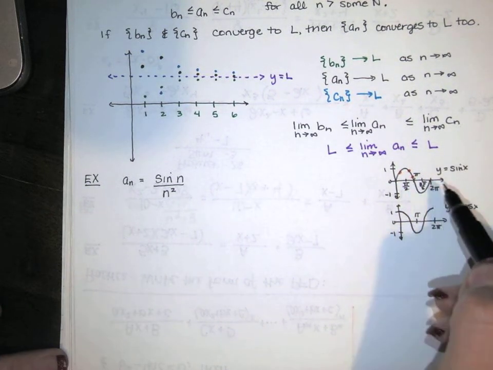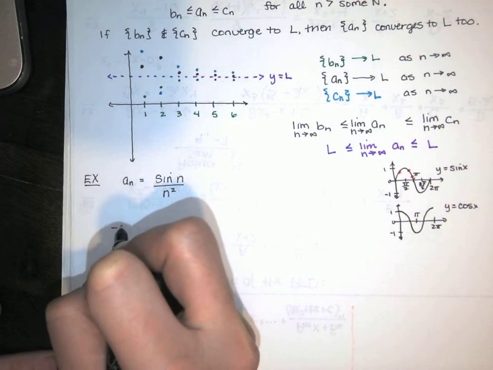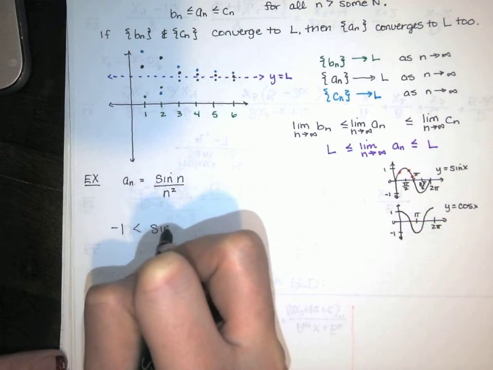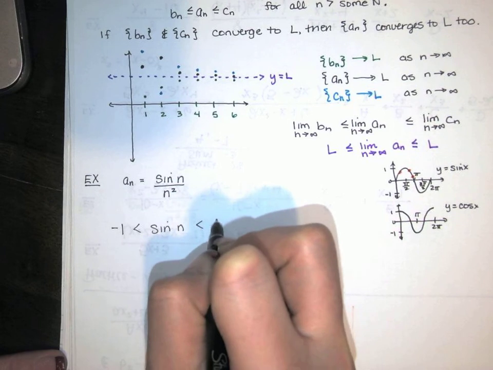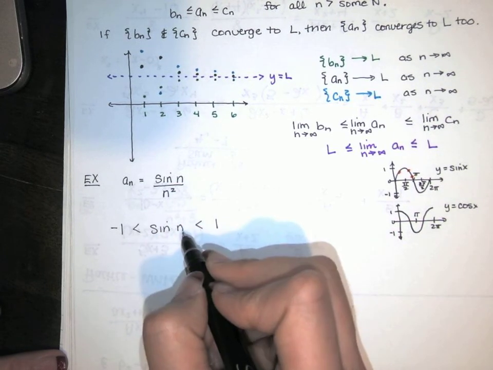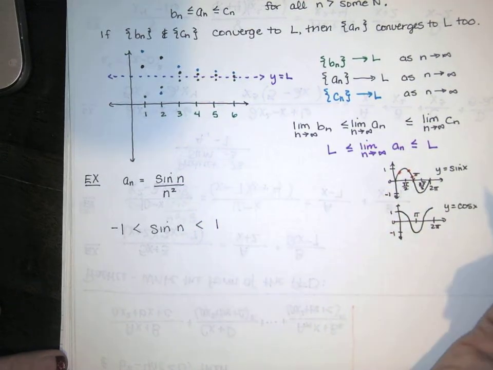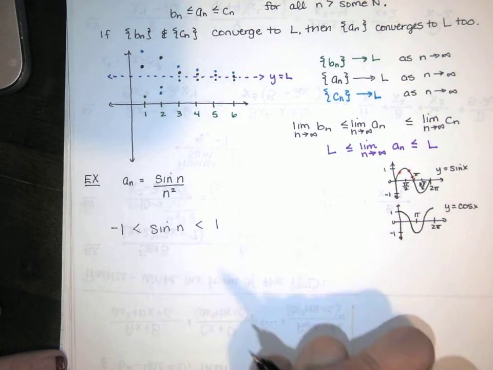Okay, so I can use the fact that the range is -1 to 1 to write down an inequality. Sine of n is always going to lie between -1 and 1, and it won't be equal to -1 or 1 because n is never going to be one of these special values, an odd multiple of pi over 2, because n is an integer.